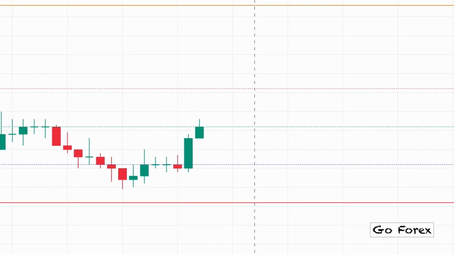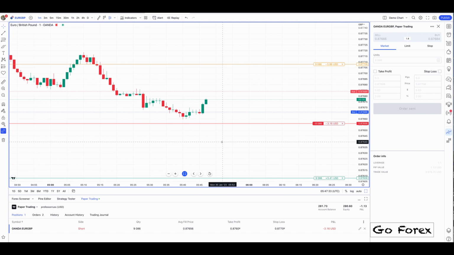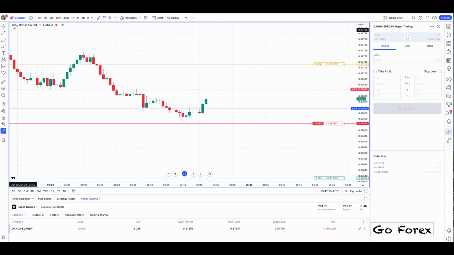Okay, and know this. Just as a side note, when you trade a currency pair, the primary is always listed first. That's what you're going to buy or sell against the currency that's listed second.